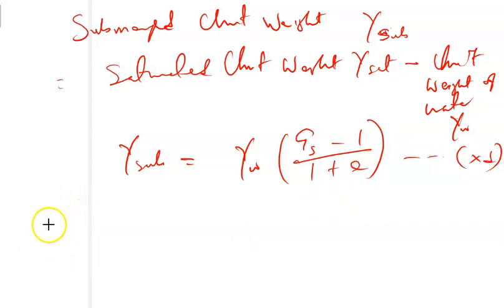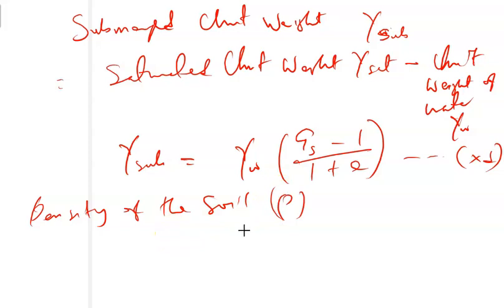For the density of the soil, that's the next thing we want to look at. The density of the soil is referred to as its mass per unit volume. When we talk about density, we say mass per unit volume, but we're going to look at bulk density.